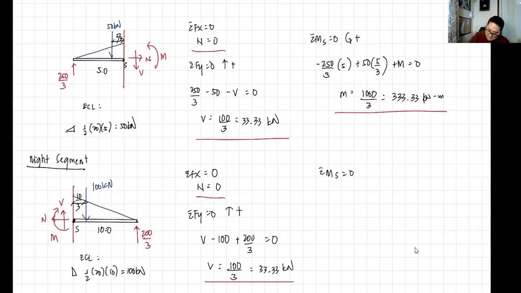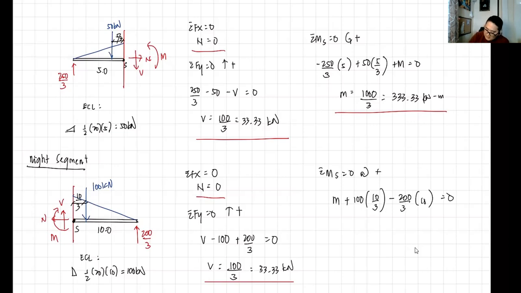Ito yung S natin. Taking clockwise as positive. So we have yung M is clockwise. Plus 100 times 10/3 minus 200/3 times 10 is equal to 0. So simplify 100 times 10/3 minus 200/3 times 10.